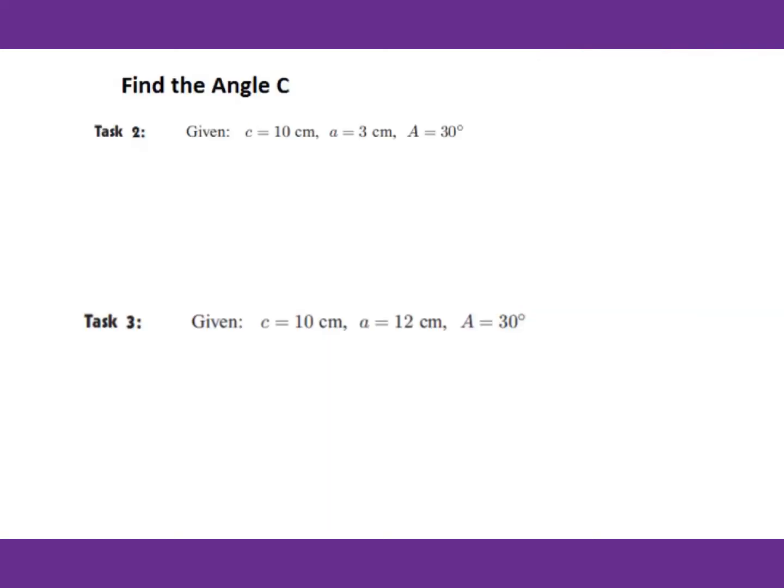Let's go to task 2. Given C, A, and angle A, then we need to figure out this C. First of all, still, I need to draw this triangle. Angle A, this is 10. Then draw number line. 3 is less than 10. Therefore, we need to figure out this height.